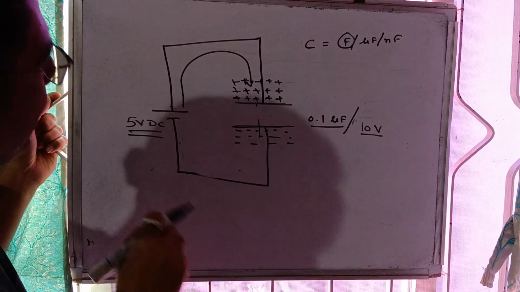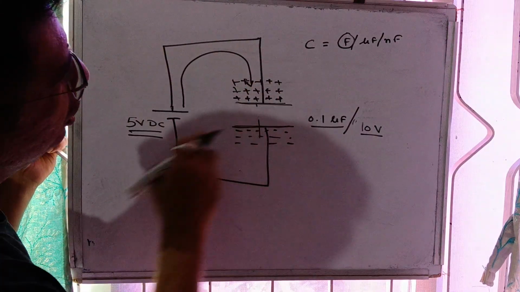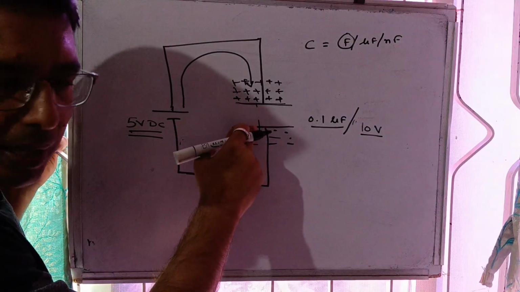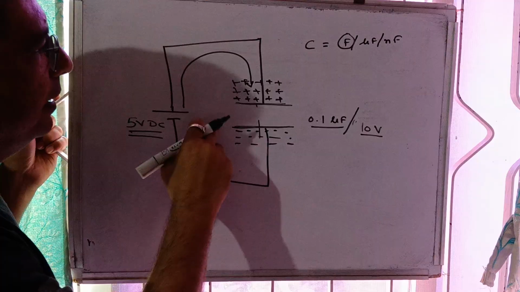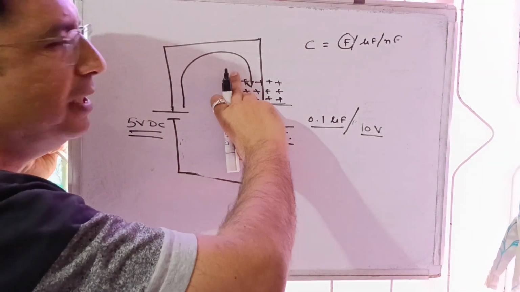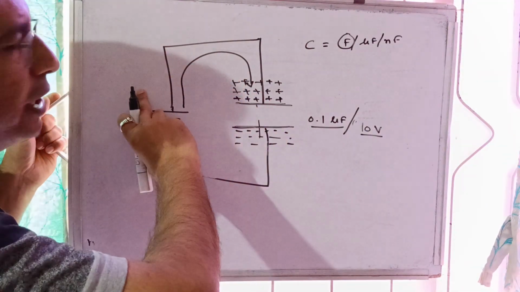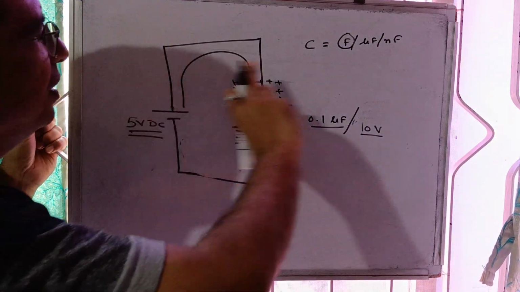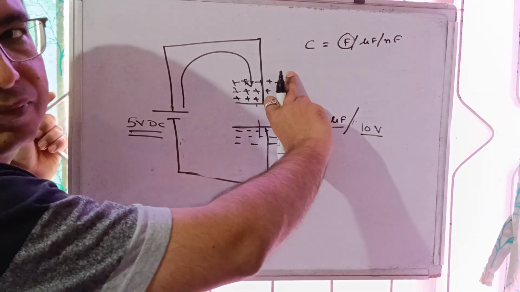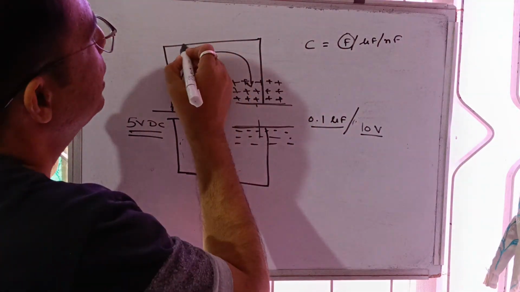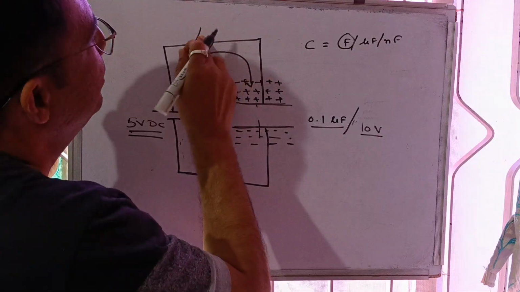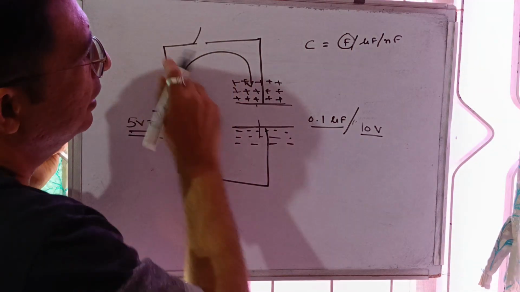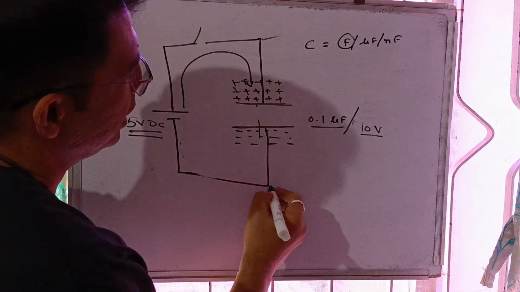Now in that case, what will happen? The voltage you have given is 5 volt. The capacitor is 0.1 microfarad, and the charge it can withstand is whatever the voltage can be withstood by this capacitor. So all this 5 volt will be accumulated here, and if there is a switch and you open this switch, then the same 5 volt can be measured over here.